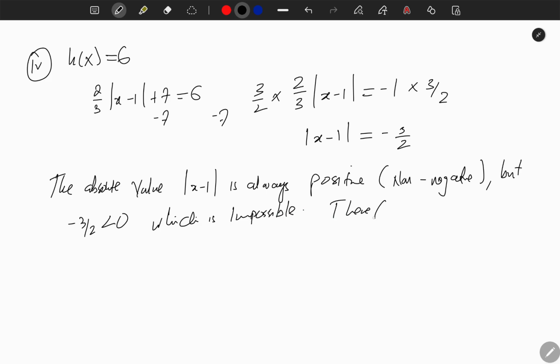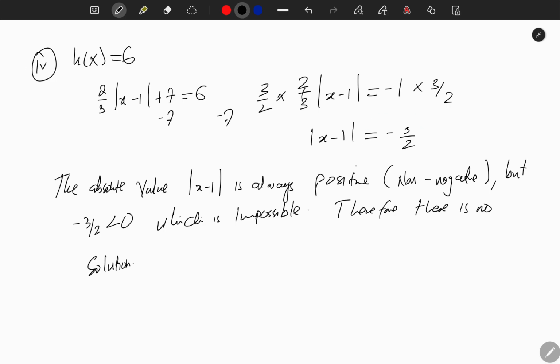Therefore, there is no solution. Avoid just saying there is no solution. Give a reason why there is no solution. The absolute value, you state which one you are dealing with: it is always positive or non-negative. But what you have is actually less than 0. Therefore, conclude there is no solution.